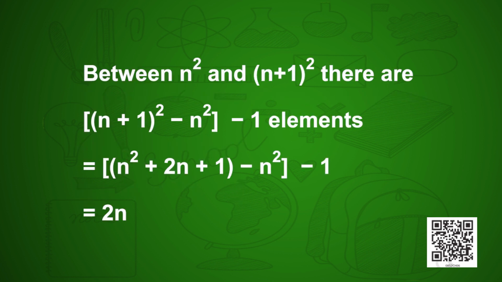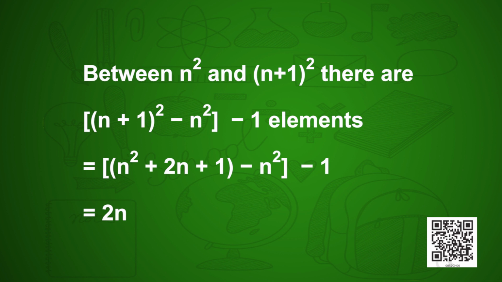So, like this, you can observe that whenever you take numbers which are present between two square numbers, we can always represent it in the following way. Say for example, when you take two square numbers such as n square and n plus 1 whole square, there are totally n plus 1 whole square minus n square minus 1 elements.